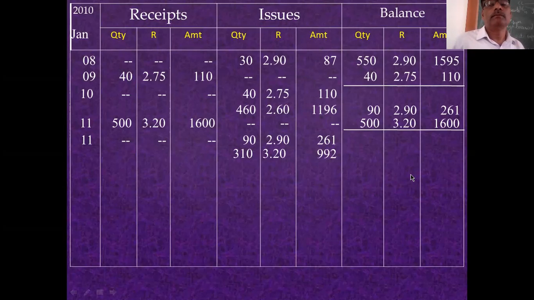Then what is the balance? 100. 310 into 3.2. 460. Just a minute. Which one?